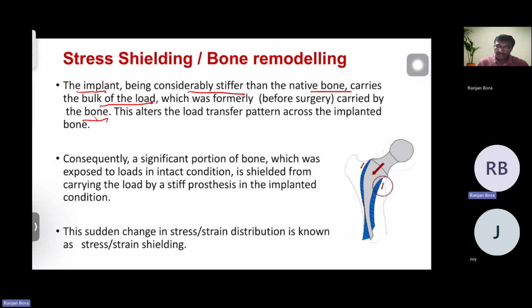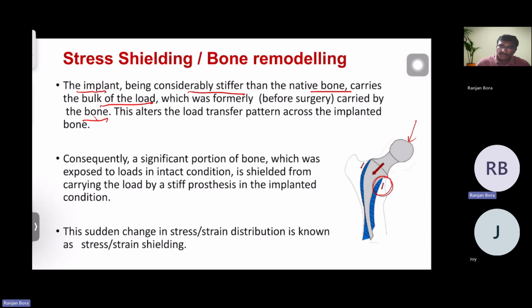So here you can see when we place an implant in the femur bone, whatever the hip reaction force is coming at the head of the femur, most of the load is carried by the implant, and a small amount of load gets transferred to the bone.